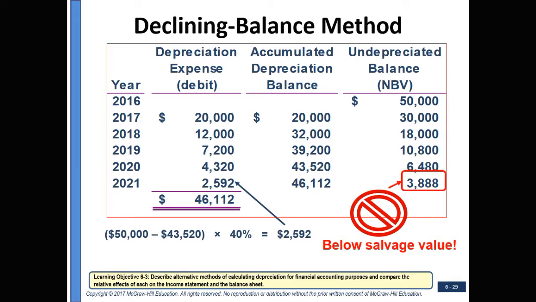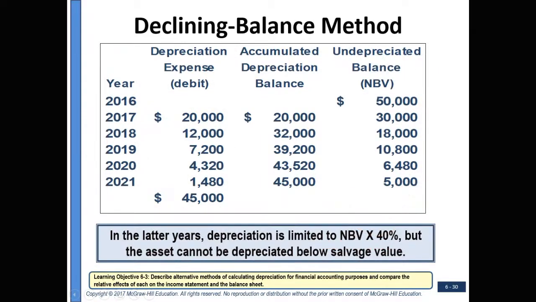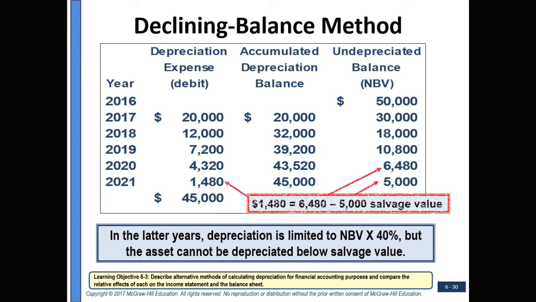But that amount would reduce the net book value to $3,888, which is below the salvage value of $5,000. So in the later years, the depreciation is limited to the net book value times 40%, but the asset cannot be depreciated below salvage value.